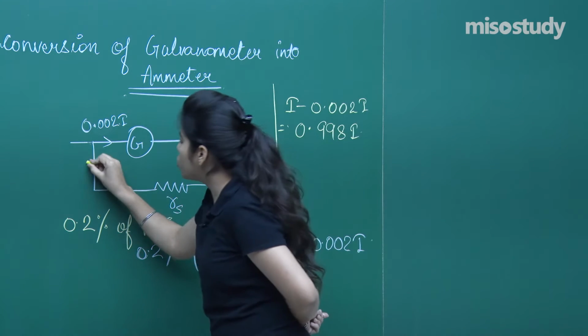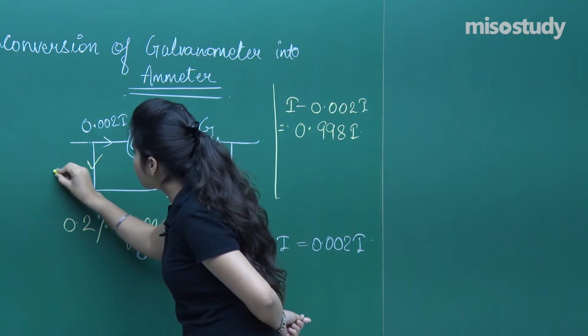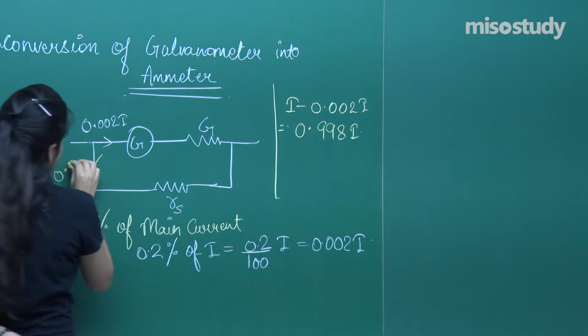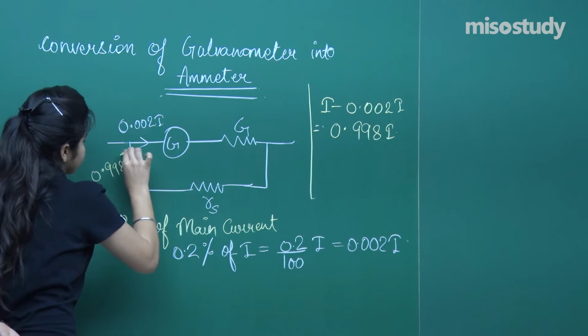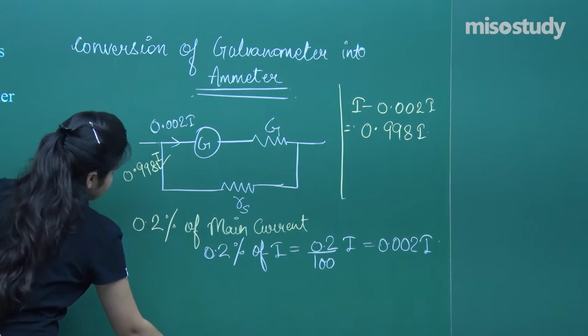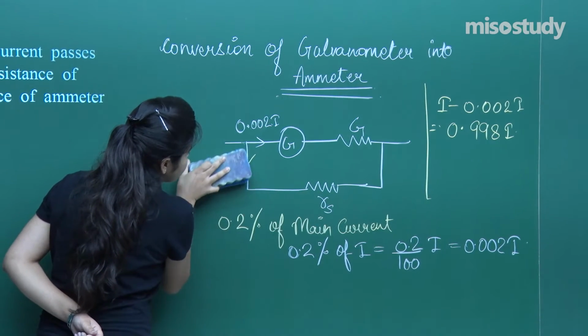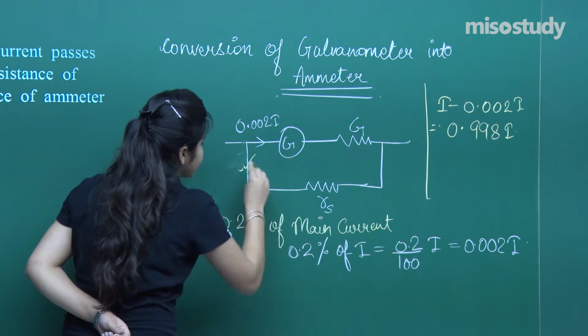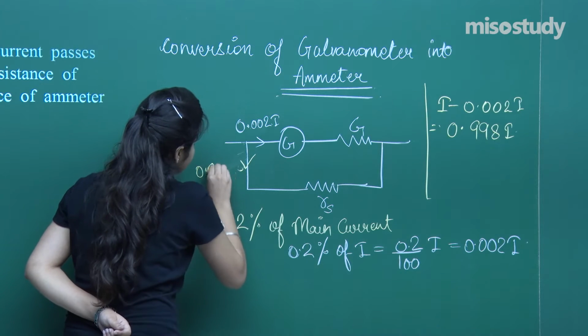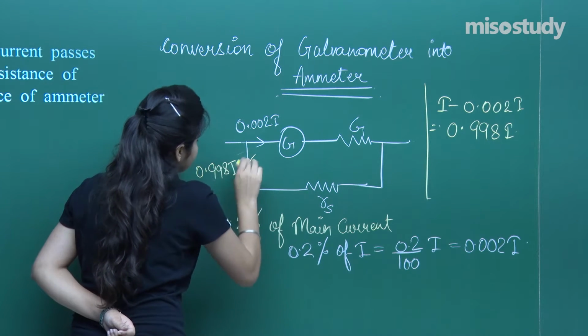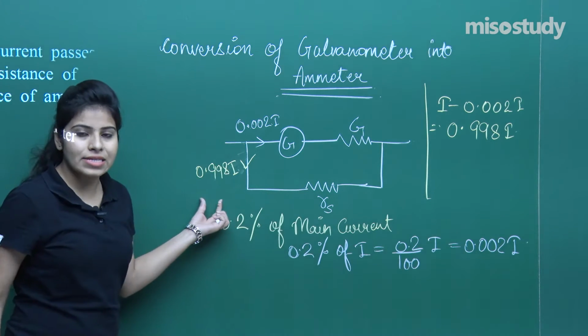Let me write it very clearly: this is 0.998 I.